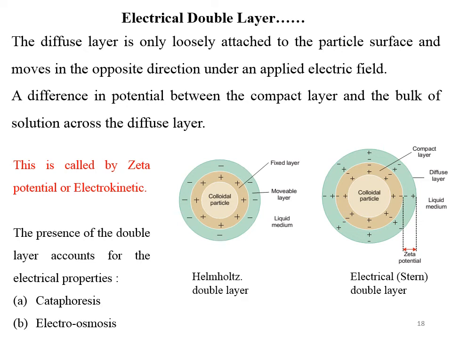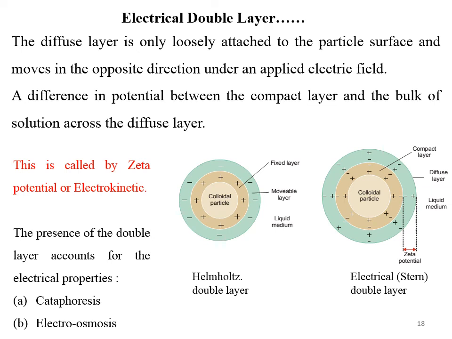It has been made possible to estimate the magnitude of zeta potential with the help of these two properties. Because it means either you study the cataphoresis or you study the electro-osmosis. From the study of electro-osmosis or cataphoresis, we can calculate the charge difference or the zeta potential, which is the charge difference between the compact layer and the diffuse layer.